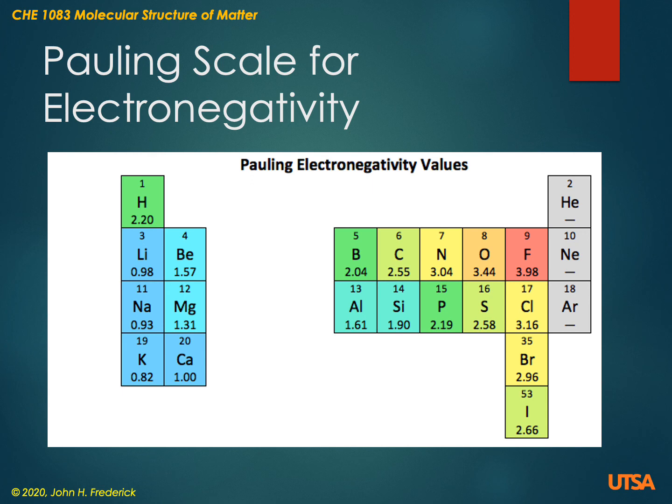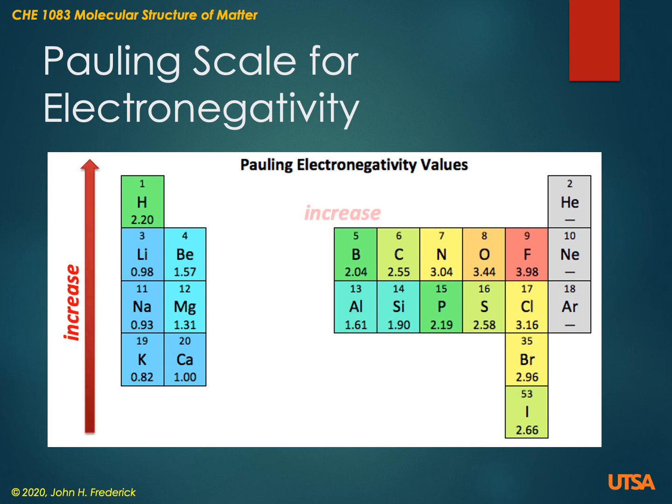But I want you to see that, in fact, those nonmetals that we find in the upper right-hand corner tend to have higher values of electronegativity than the metals that you'll find over on the left-hand side of the periodic table. In particular, fluorine has the most electronegativity, around 4. Oxygen is the second most.